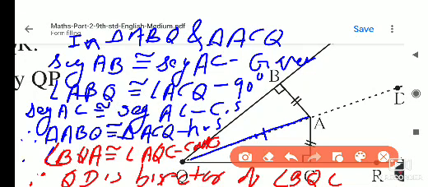For that we have to show these two triangles are congruent to each other, and very easily we can show that by the hypotenuse side theorem. We use this 90 degree angle, this is the side already given and this is the common side. So by the hypotenuse side theorem, these two triangles are congruent, and once they are congruent, the corresponding angles are also congruent. So you can show that BQA is congruent to AQC.